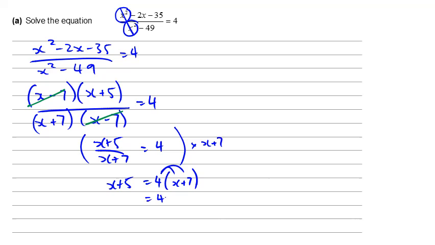Now I expand that out, and that's just a simple linear equation that you are to solve. 3x equals negative 23, so x equals negative 23 over 3. Okay. Now, if you did that, there was your merit answer. If you got to there, that was your achieved answer.